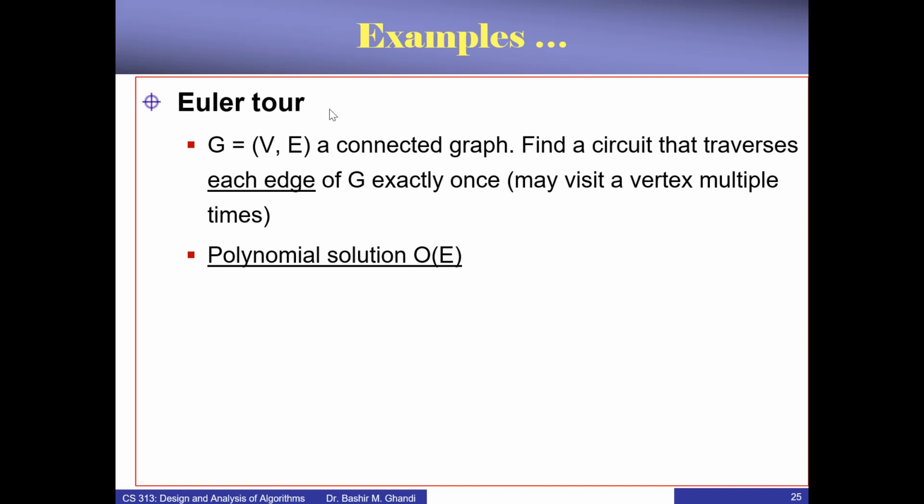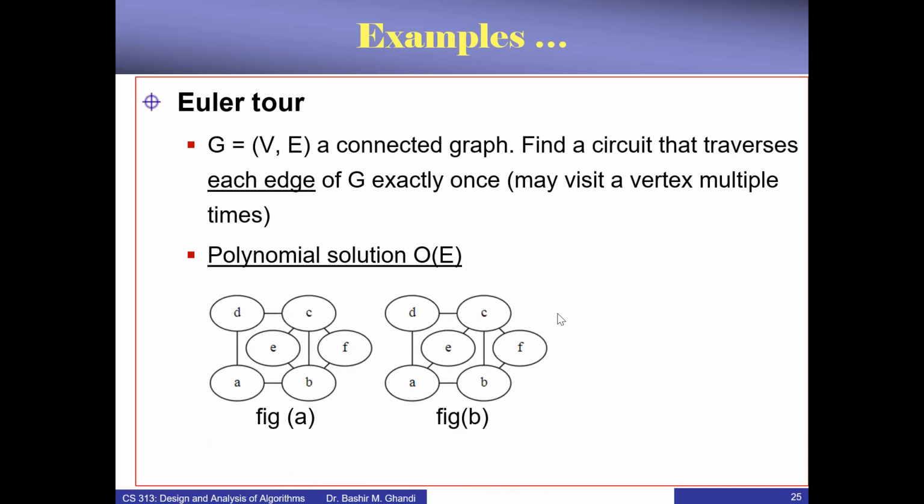Okay, now there is a polynomial time algorithm for the Euler tour, and its running time is simply the number of edges in the graph. So here is an example. Actually, figure A has an Euler tour, but figure B has none. Let's go through the Euler tour for A and you will see what I mean.